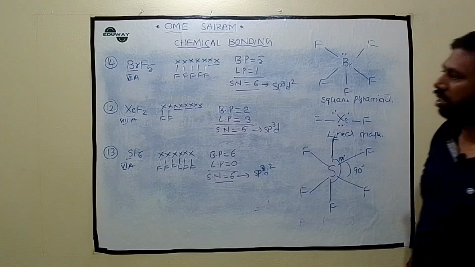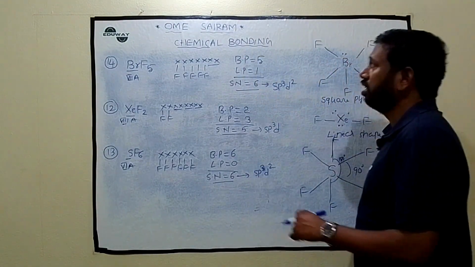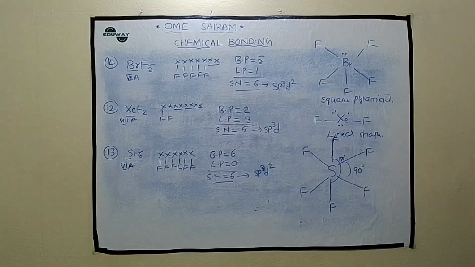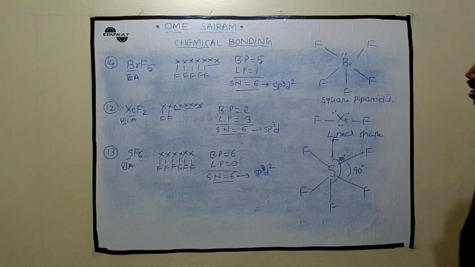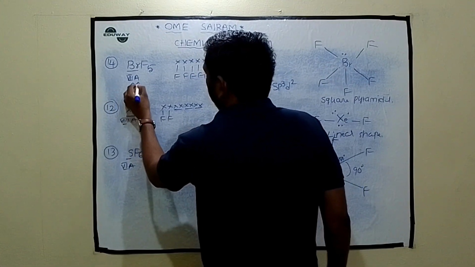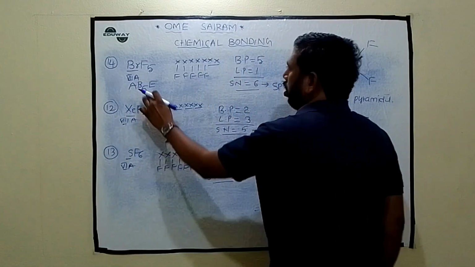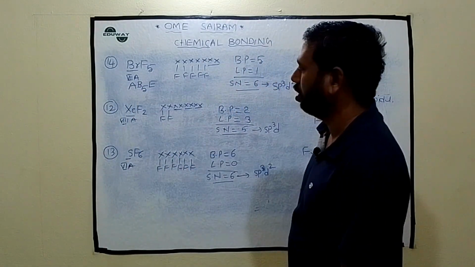If any molecule has 5 bond pairs and 1 lone pair, the molecule should be square pyramidal. So this molecule is in the form of AB5E. So 5 bond pairs, 1 electron pair.